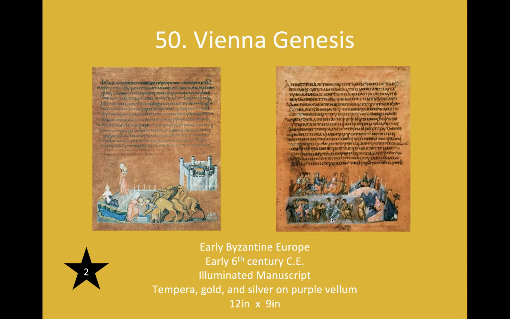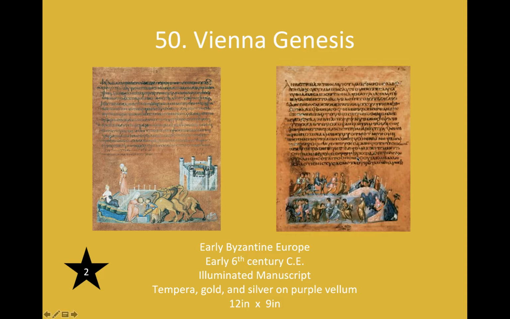It is actually the oldest surviving illustrated Bible text. Not the oldest Bible text, but it's the oldest one that has pictures that exists in the world. So what we're looking at is biblical instruction that tries to teach both through words and pictures.